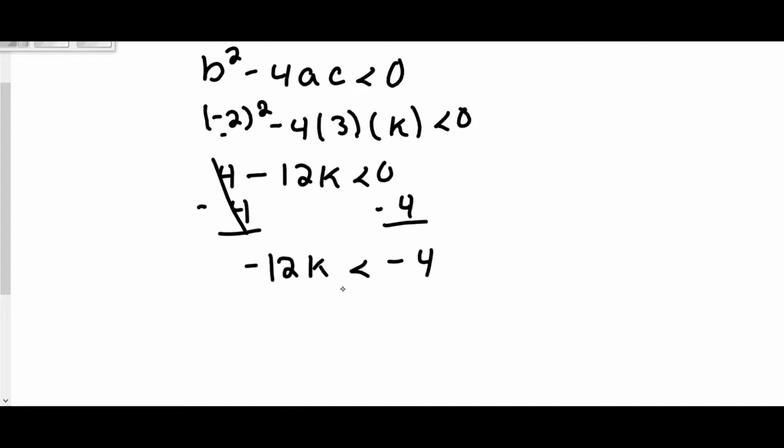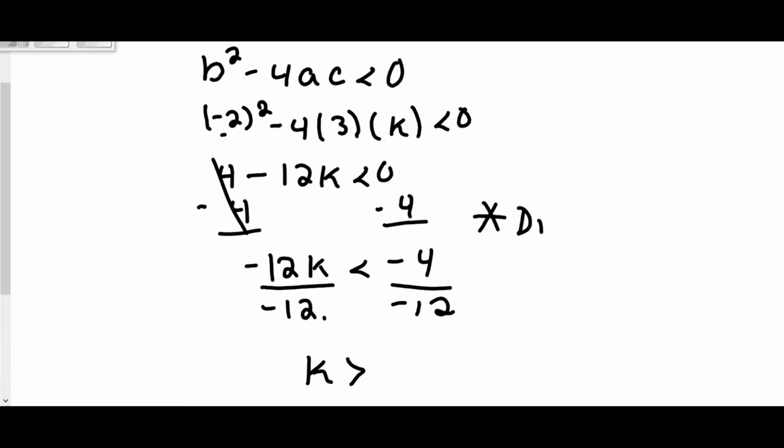I'm multiplying negative 12 by k, so to undo it, I'm going to divide by negative 12. So divide both sides by negative 12, and we get k is greater than, and the reason why I flip my sign is because I'm dividing by a negative. Whenever you divide by a negative with an inequality, you have to flip your sign over. So if it's less than, you flip it to greater than.